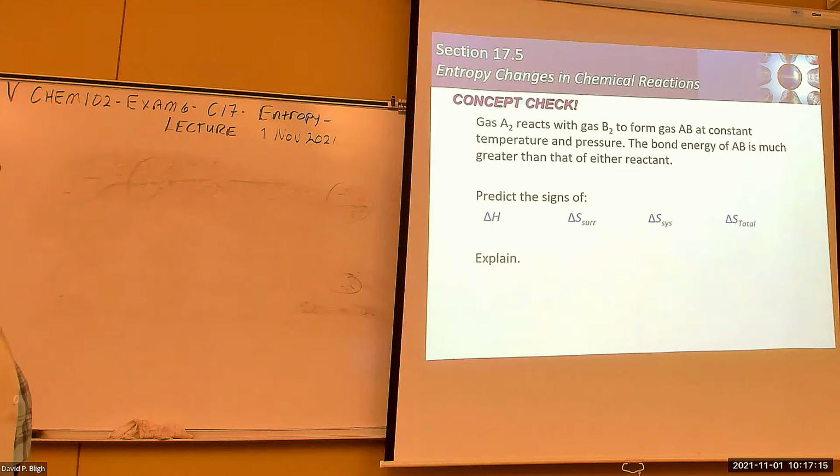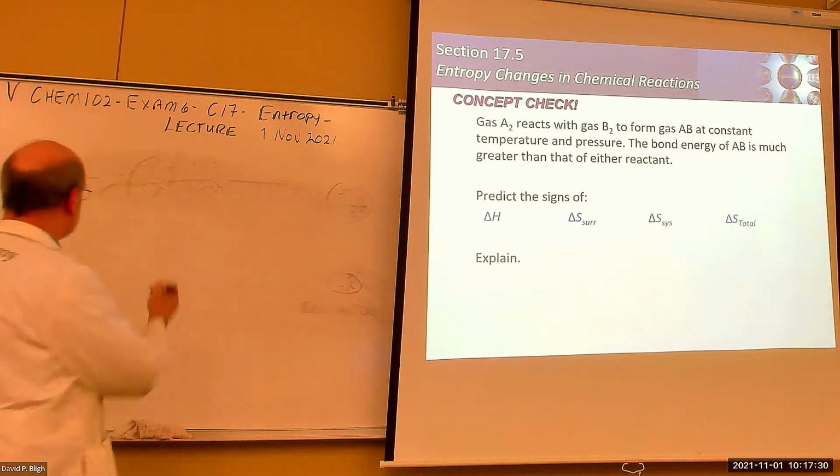Let's see. Gas A2, a diatomic gas, reacts with gas B2 to form gas AB at constant temperature and pressure. The bond energy of AB is much greater than that of either reactant. Let's look at that.